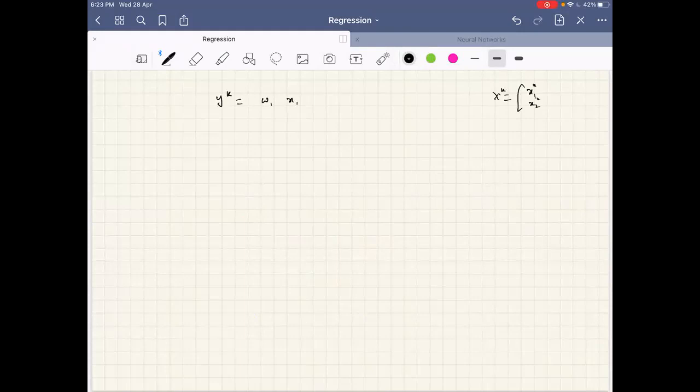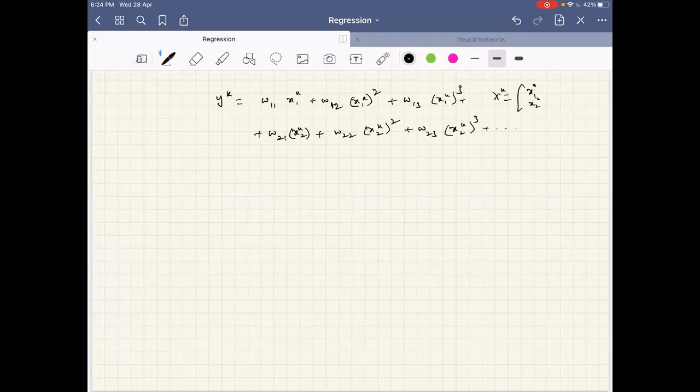So I can map it as w11 into x1, w12 into x1 whole square, plus w13 into x1 whole cube, plus w21 x2 plus w22 x2 whole square plus w23 x2 whole cube, and so on.